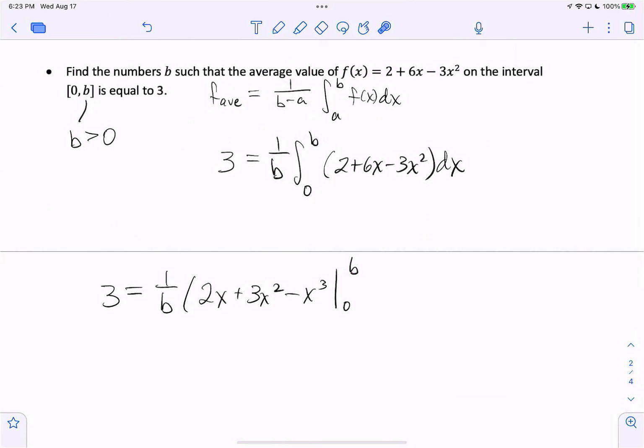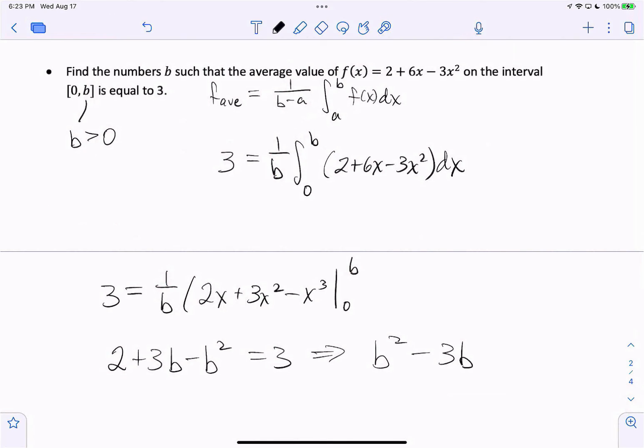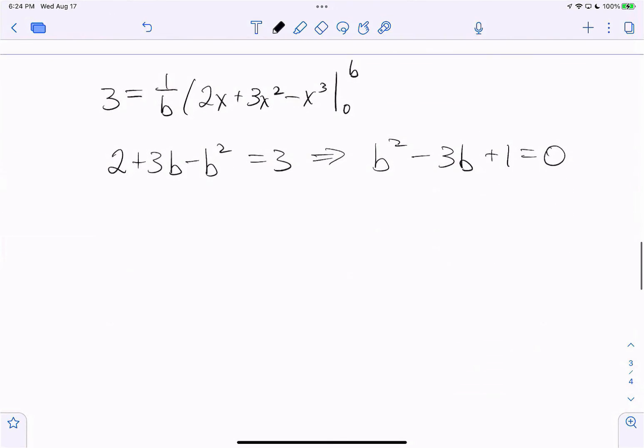Look, b is going to replace all of the x's, and then we're going to divide out a factor of b, right? So I have 2 plus 3b minus b squared is equal to 3, which means that b squared minus 3b plus 1 is equal to 0. Well, that's nasty. Let's use the quadratic formula.